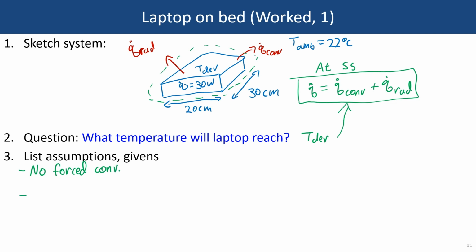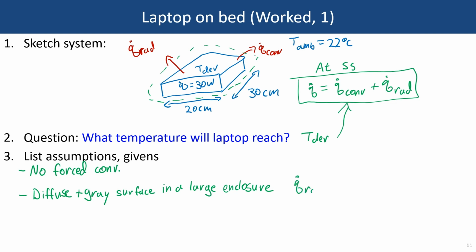We can also assume that the radiation heat transfer here is essentially the case where you've got a diffuse and gray surface in a large surroundings or large enclosure. We'll talk more about what this means later on in the heat transfer course, but for now this allows us to use a somewhat simpler result to predict the radiation heat transfer rate.